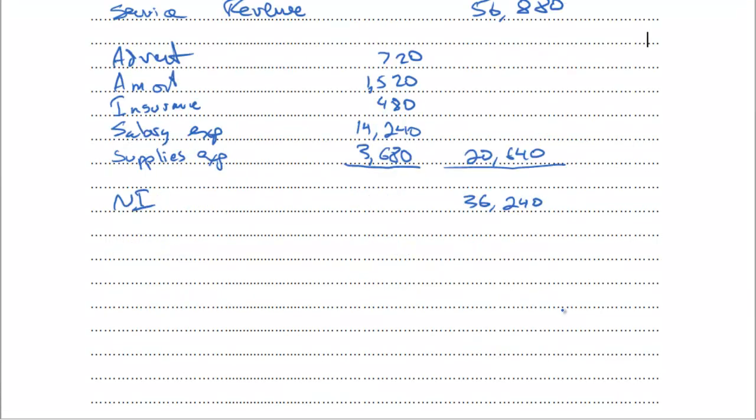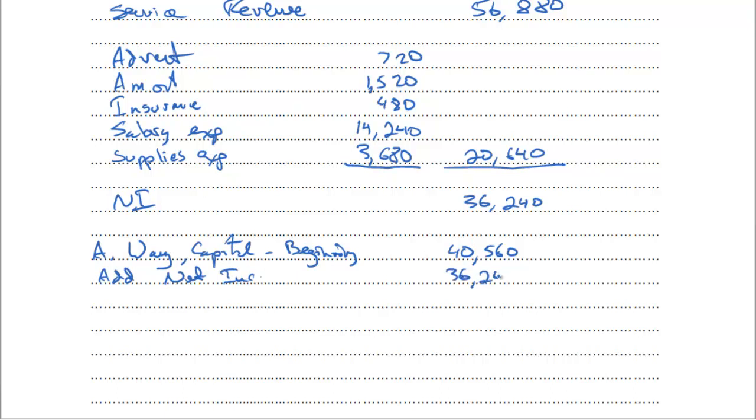Okay, so then we can calculate capital as follows. So we have A Wang, capital, beginning as being 40,560. Add net income 36,240. That's just from here. Less, and we would also add any owner's investment, but there are none.